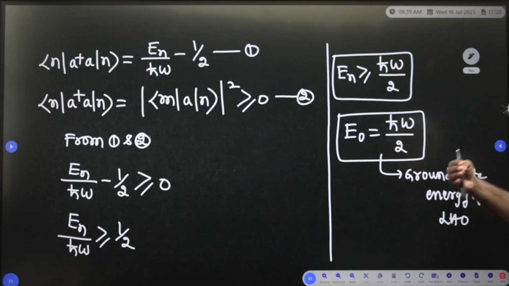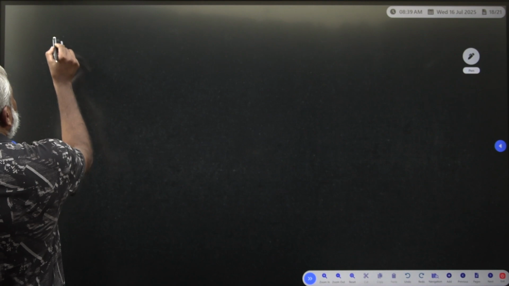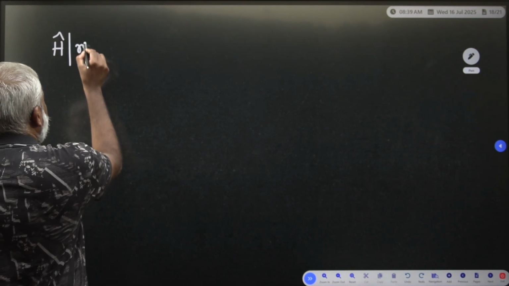Now we need to calculate the first excited state, second excited state and nth state. First we take the Hamiltonian operator. You operate it on any ket n, and you get the eigenvalue En and the same ket n.